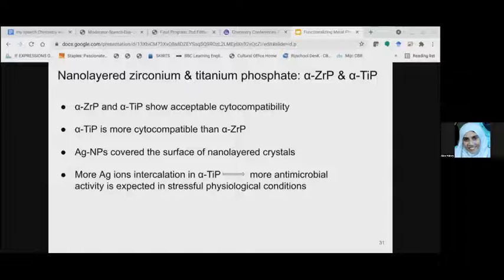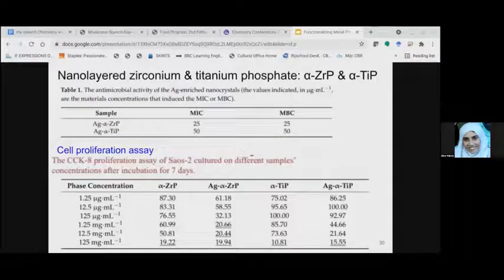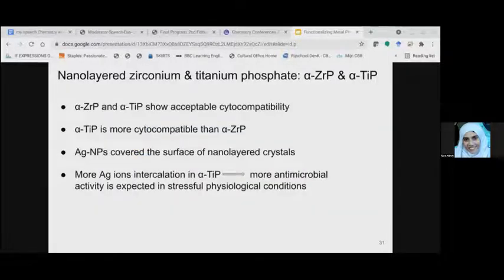So we can say that if we go back actually to this table, alpha titanium phosphate, when it is enriched with silver nanoparticles and silver ions, has better cytocompatibility than zirconium phosphate.